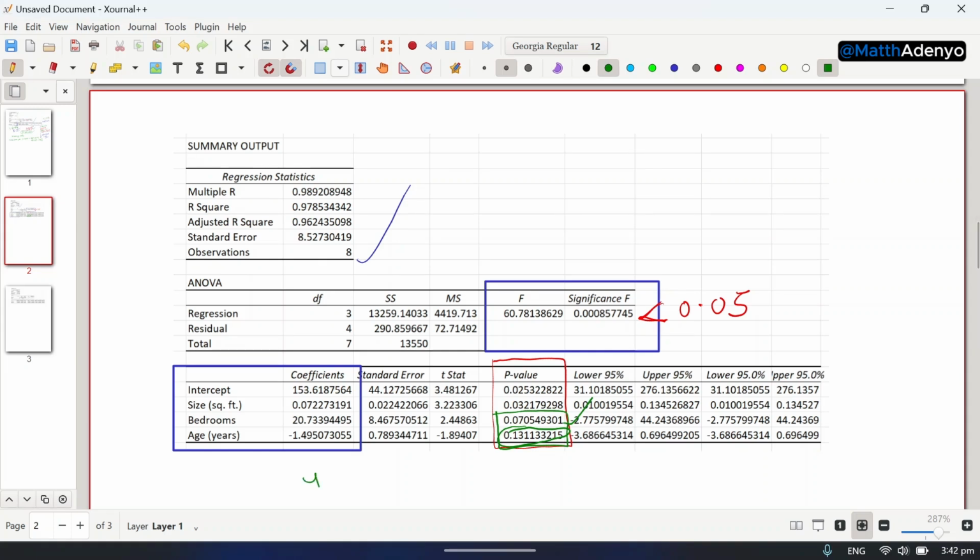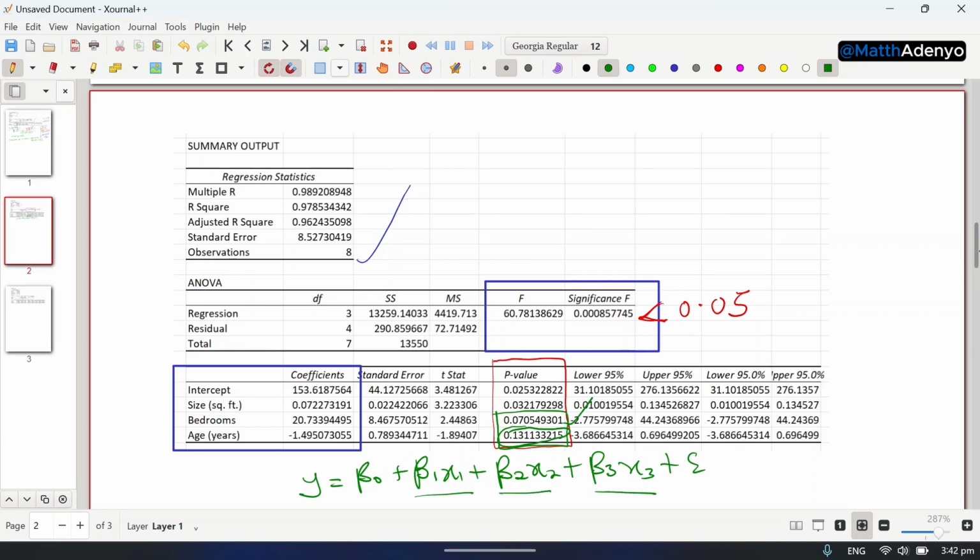So y is equal to beta naught plus beta 1 x1 plus beta 2 x2 plus beta 3 x3, and then plus the error term. So you can see that we have 3 independent variables. That is what we have.